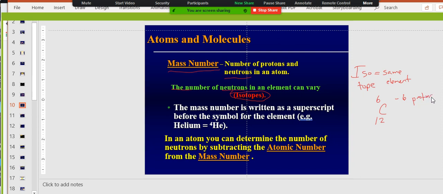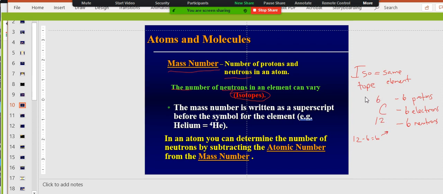Awesome. And electrically neutral, how many electrons? 6. And then how many neutrons? 6, because 12 minus 6 is 6. And that's how I got that.